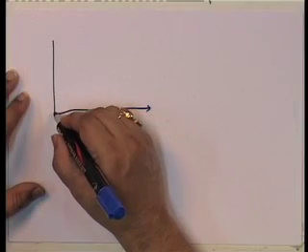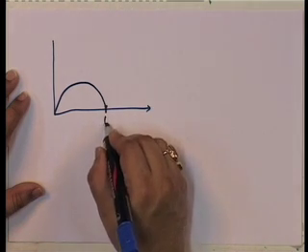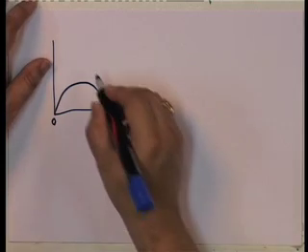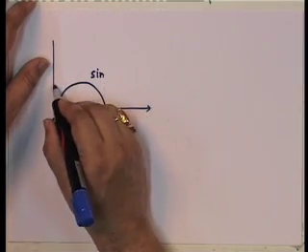So, what is the half sine? Half sine is essentially this, where this is the duration T d, and this is P naught.